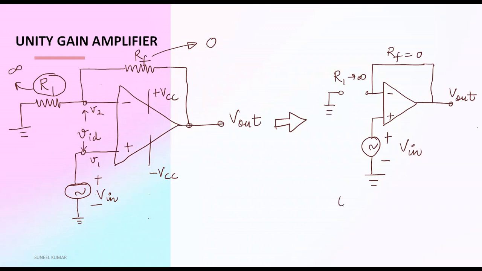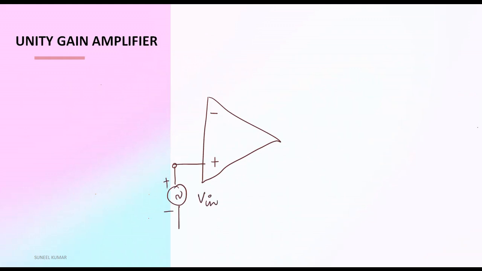So this can be called a unity gain amplifier. In simplified form we can draw it like this: minus plus, this is the inverting terminal. Here we have connected an AC voltage of V input.